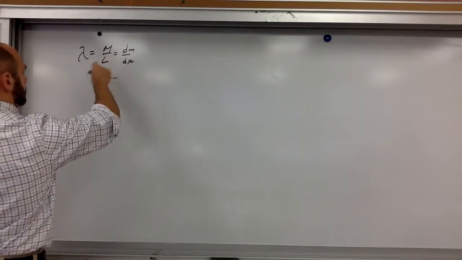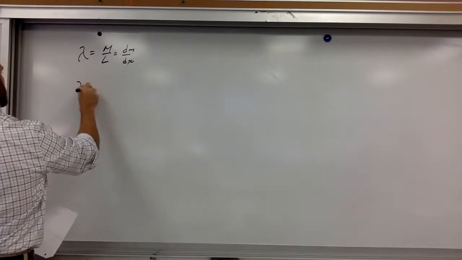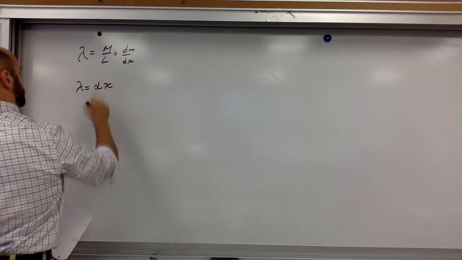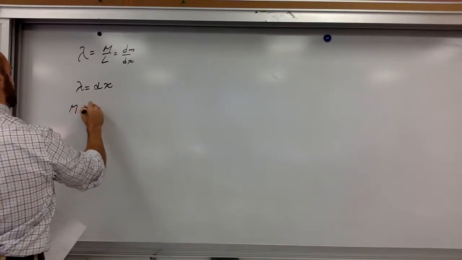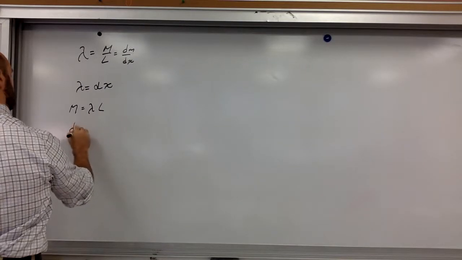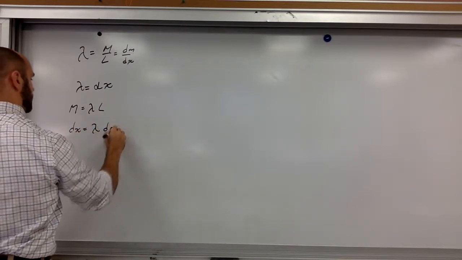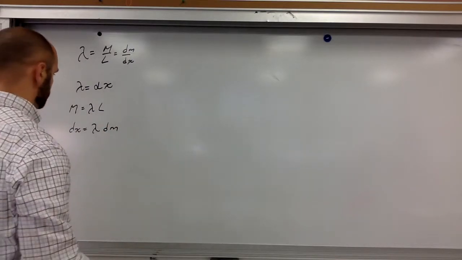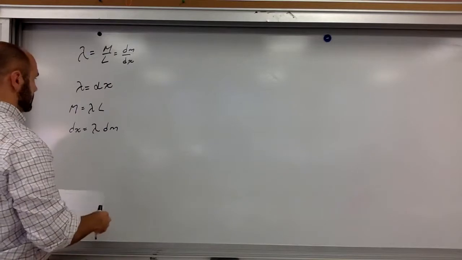So again, lambda is m over L, but we know that lambda is also equal to alpha x, and I know that m is still equal to lambda L, and I know that dm is equal to lambda dx. Okay, so let's go with that for now.